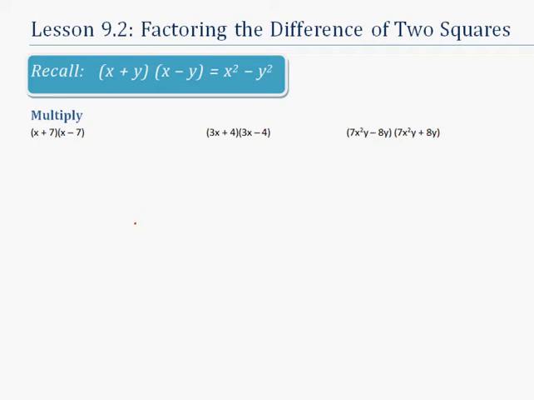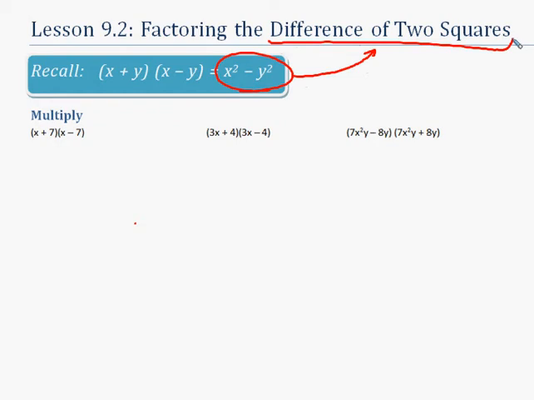And so this first thing we have here in the blue is to remember that x plus y times x minus y is always x squared minus y squared. And this right here we call a difference of squares.